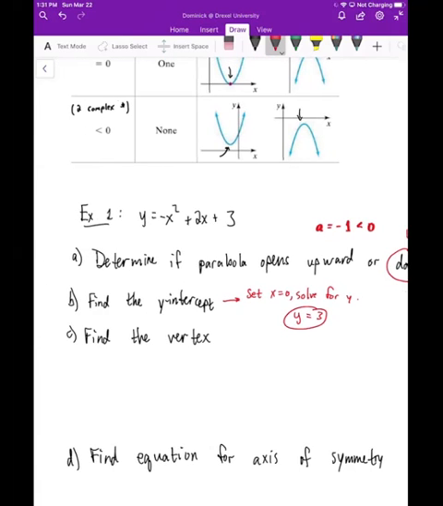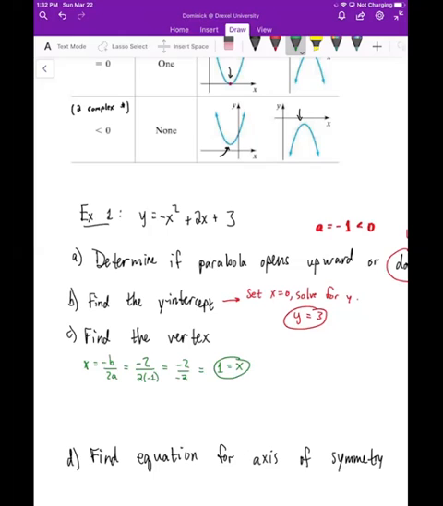Now for the vertex, we know that the x-coordinate of the vertex is negative b over 2a. So in this case, we're going to get -2 over 2 times a, which is -1. So we get -2 over -2, which of course is +1. So that's the x-coordinate of our vertex.